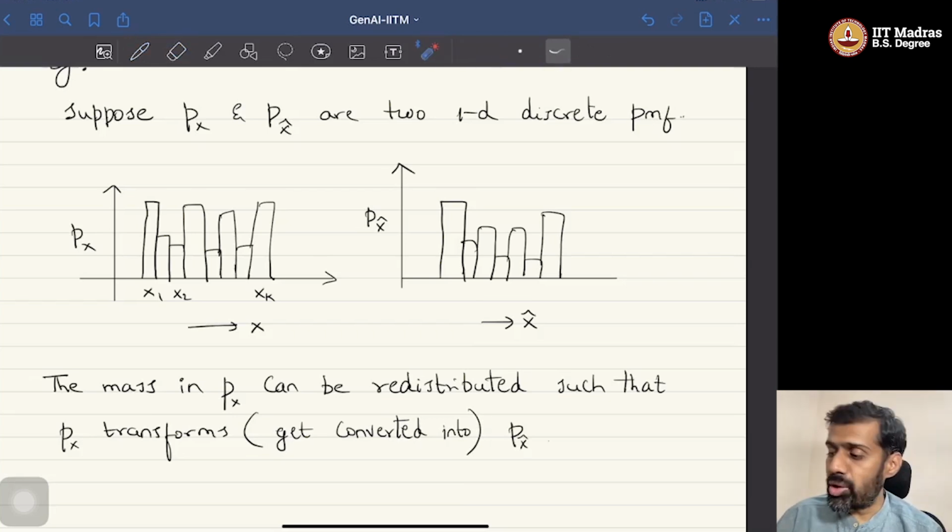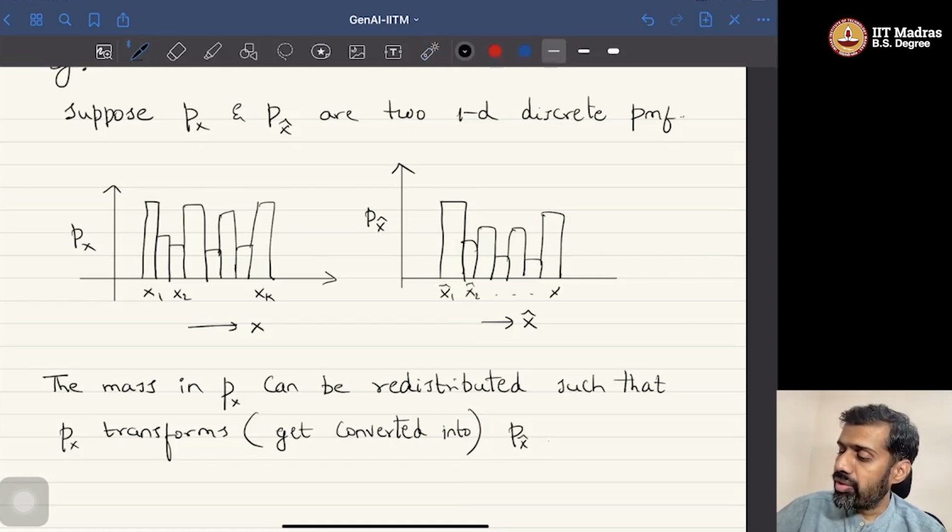Okay, so what does this mean? Think about it. Let's say that we have some mass at x1, right? So what we will do is take some mass from x1 and put it in, let's say, x3. Let's give some names: x1 cap, x2 cap, and we have xl cap here. So maybe to make it a little more convincing, let us make the distribution this way.